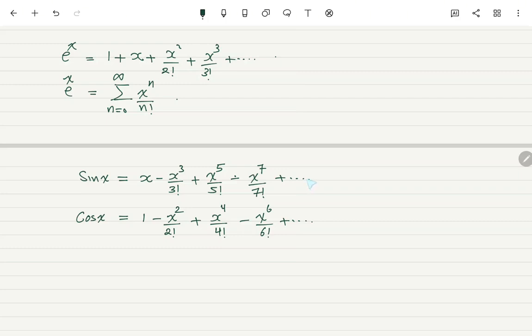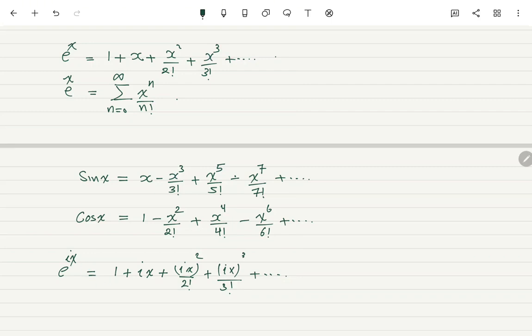From the definition of sine and cosine and the definition of e to the x, we can see that e to the ix equal to 1 plus ix plus ix squared over 2 factorial plus ix cubed over 3 factorial plus and so on.